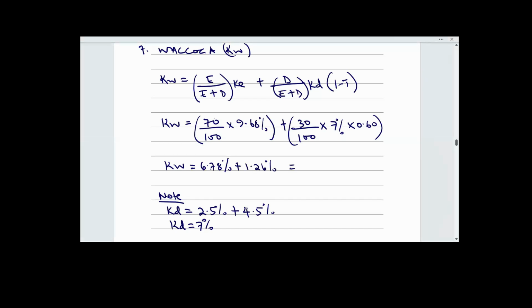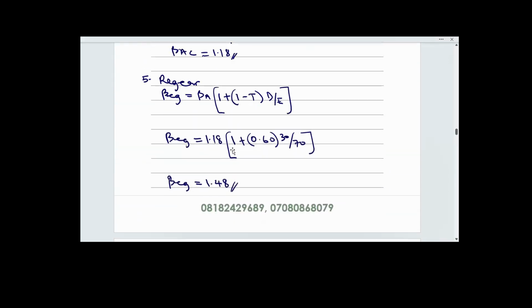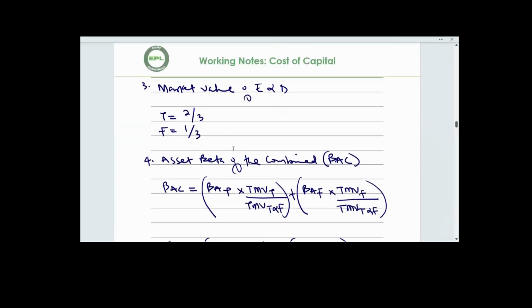Add the two together. 1.26 plus 6.78 equal 8.04%. Therefore, WACC is approximately 8%. That's it. Okay, that's the end of the question. This is how to calculate WACC, the weighted average cost of capital. That's how to calculate WACC.